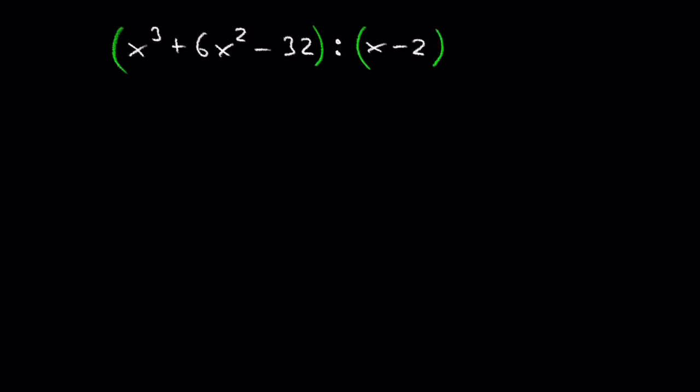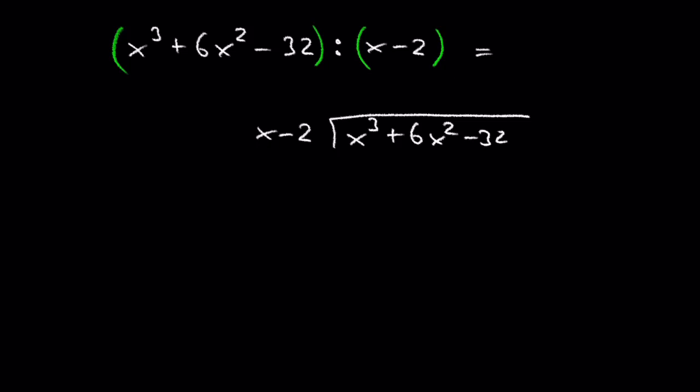What about this example? X cubed plus 6x squared minus 32 divided by x minus 2. X cubed divided by x is x squared.